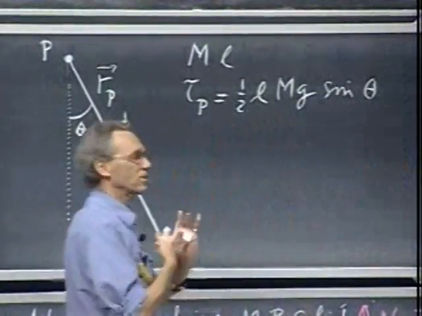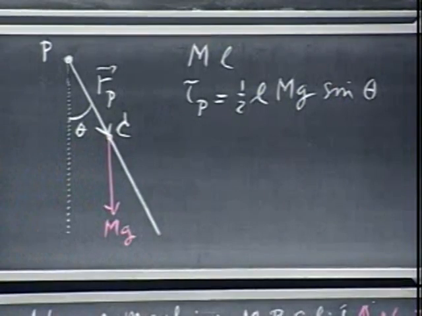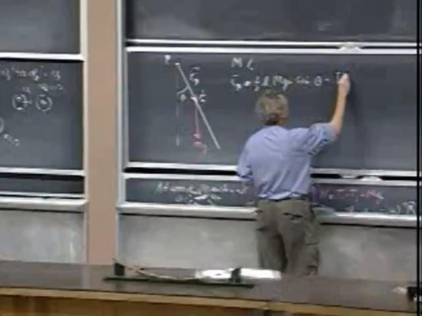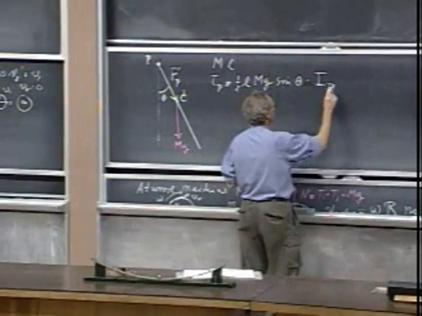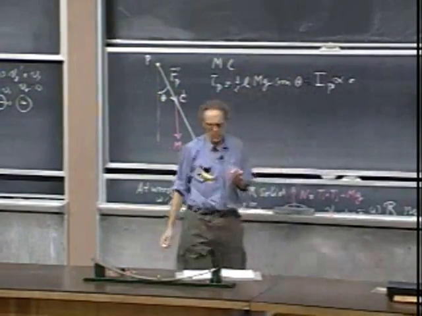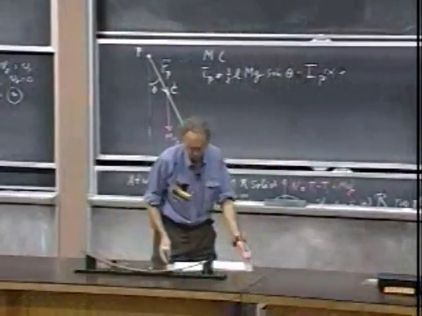The cross product has the sine of the angle in it. So this is the torque relative to point P, which also must be the moment of inertia about point P times alpha. No different from what we just had with the pulley.